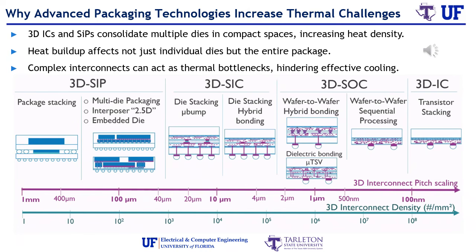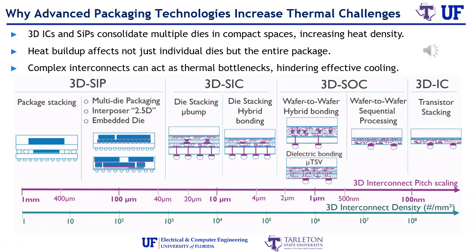Advanced packaging improves performance, but it also makes thermal behavior more complicated. In older 2D layouts, each chip had a relatively direct path to a heat spreader or heat sink. In contrast, 3D ICs and SiPs often place components very close together, sometimes vertically stacked and sometimes densely clustered side by side.